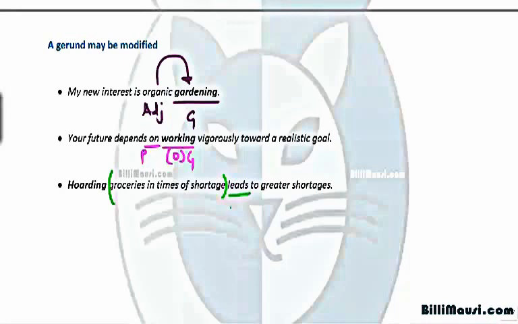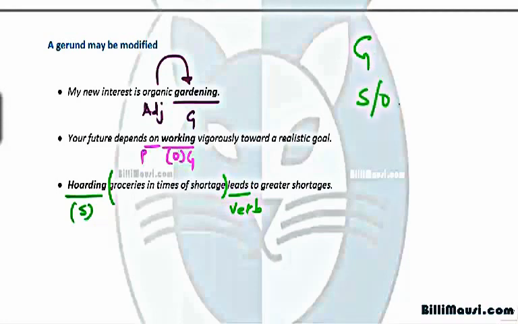So leads is the verb here, and hoarding is the subject of the verb leads. So we can see that in all the examples we have gone through, the gerunds behave as the subject, object, complement of a linking verb, or object of a preposition.